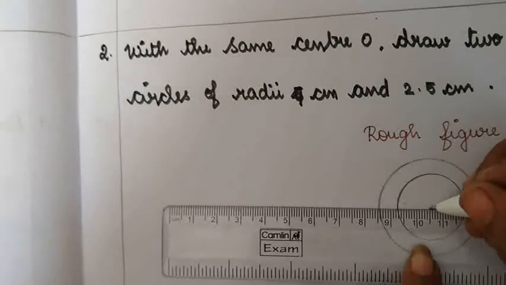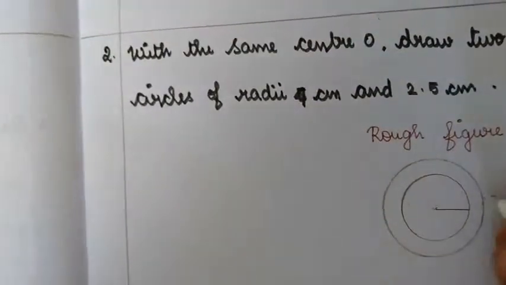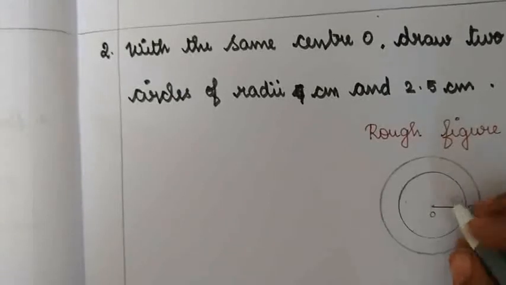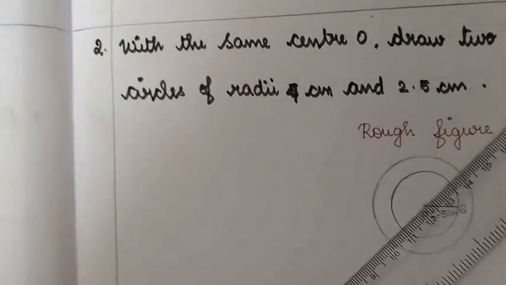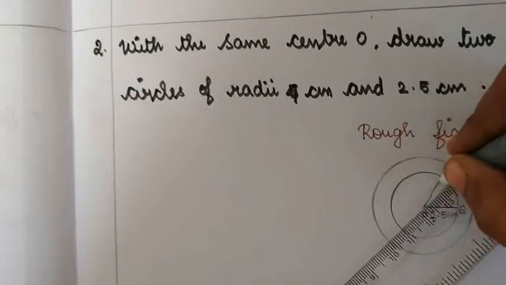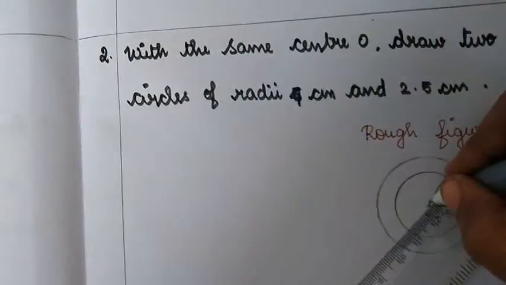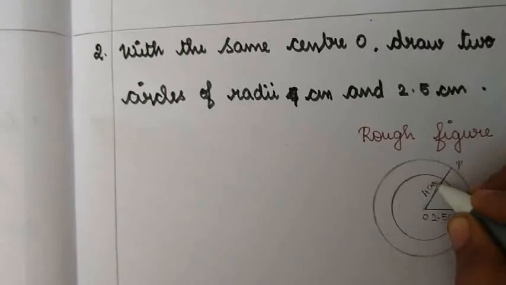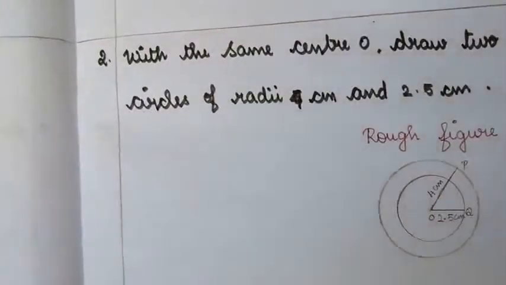You can mark the center point as O. This is Q. This is O. OQ is 2.5 centimeter. This is given. Then OP is 4 centimeter. Then we have to draw a main diagram.